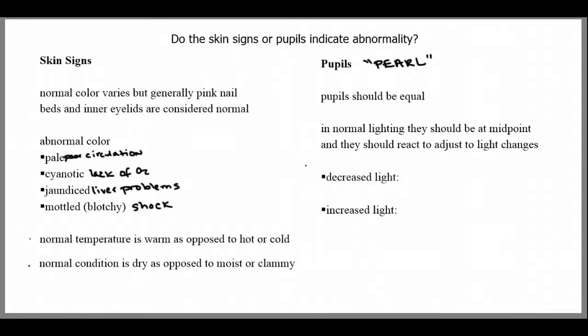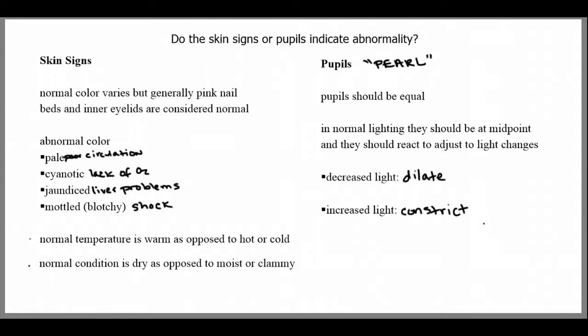In normal lighting, they should be at midpoint and they should react to adjust to light changes. So in decreased light, the pupils should dilate. And they do this to let more light in. In increased light, the pupils should constrict. And they do this to block excess light.